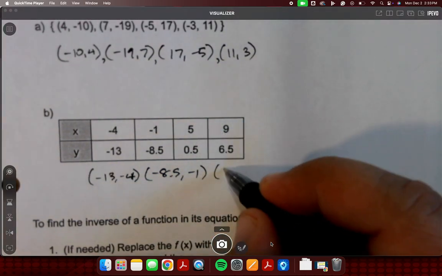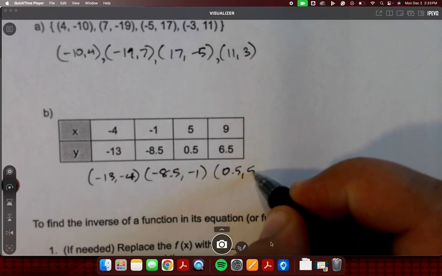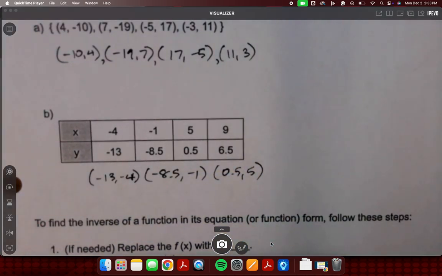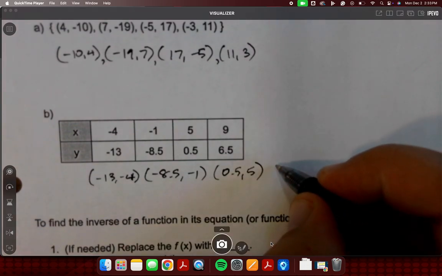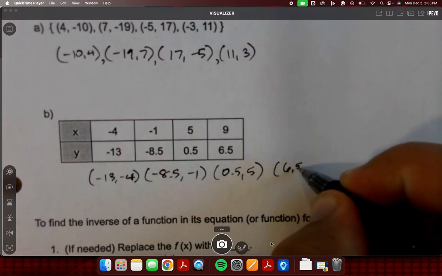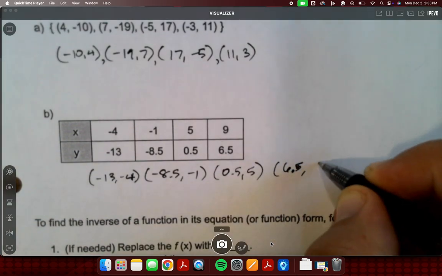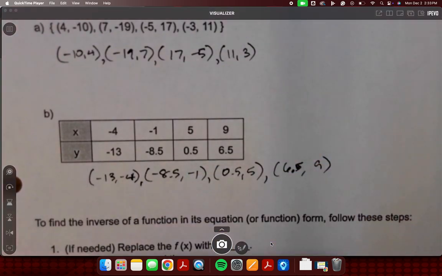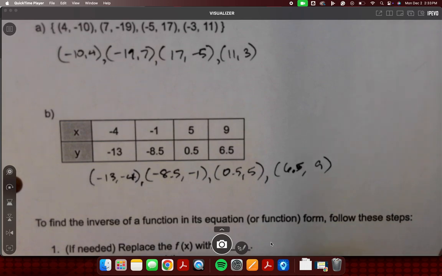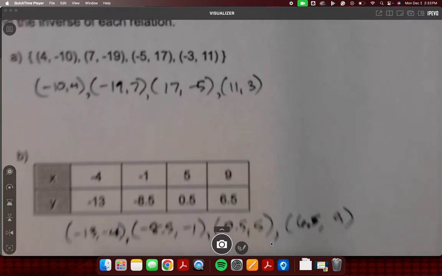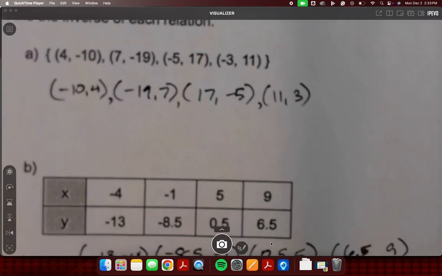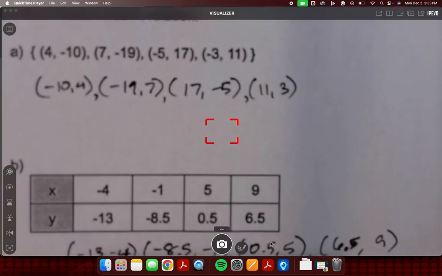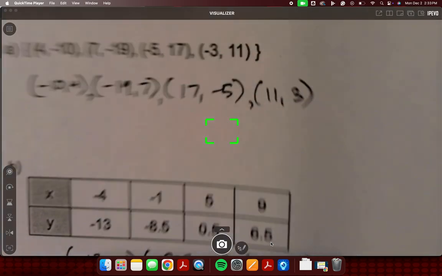We flip this, so 0.5 becomes first and 5 second, and 6.5 first and 9 second. Okay, now those really are as easy as they seem when you're trying to find the inverse of ordered pairs. You just flip the order of the numbers.